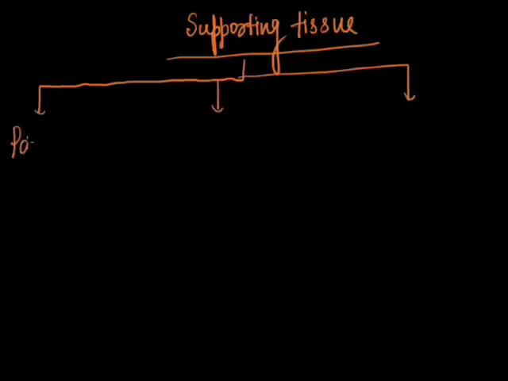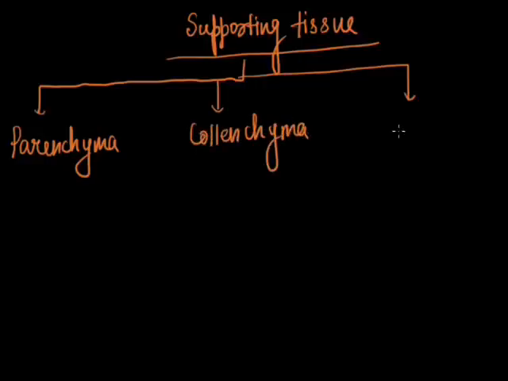Now, supporting tissue of simple tissue. When we categorize supporting simple tissue, it is further divided into three different forms. The first one is what? This is parenchyma. The second one is collenchyma. And the third one is sclerenchyma.